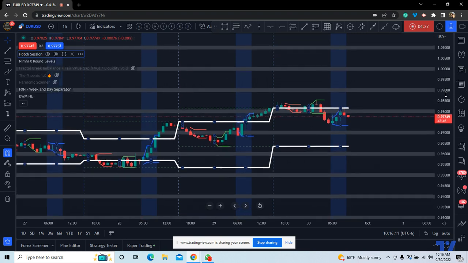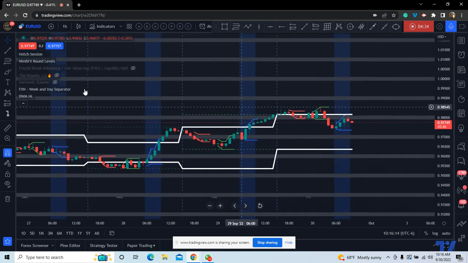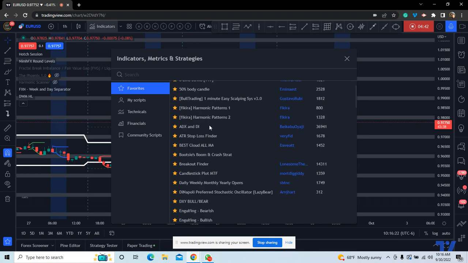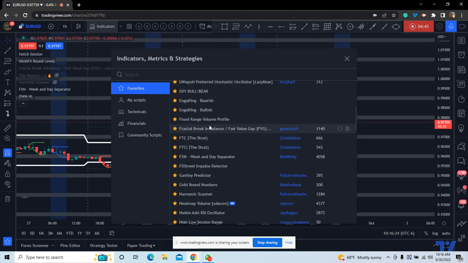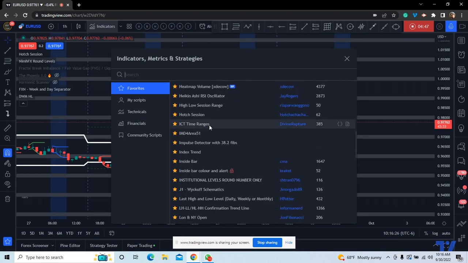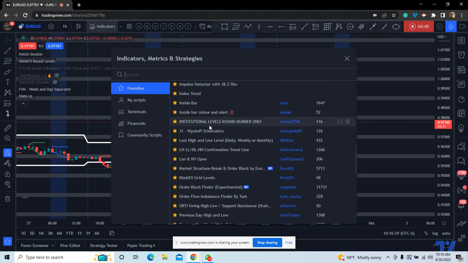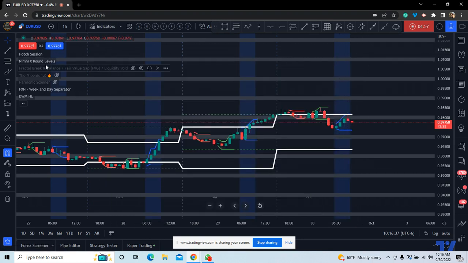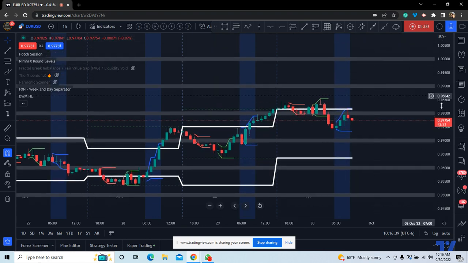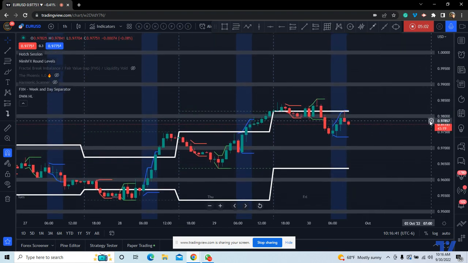So now levels, round numbers. You can find that in, let's see if I can find it for you. Indicators. There you go. NIM FX grid levels, NIM FX. So this is basically identifying the round numbers.